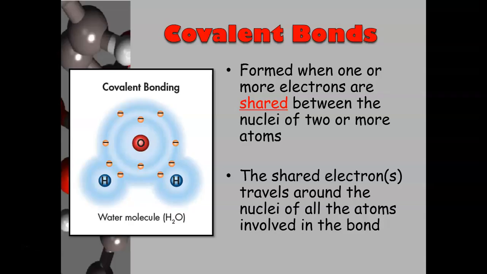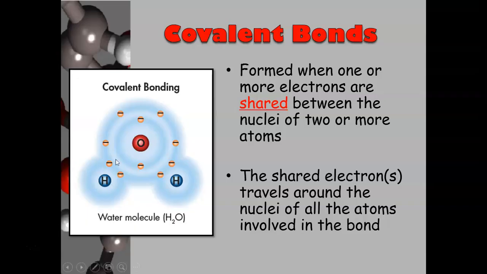So think of ionic bonds kind of like that kindergartner who hasn't really learned to share, and so one of them is taking the toy, or in this analogy, the electrons, and somebody's losing it. Covalent bonds are those really nice little kindergartners who have learned to share their toys. So in covalent bonding, I've got one or more atoms that are going to share those electrons.